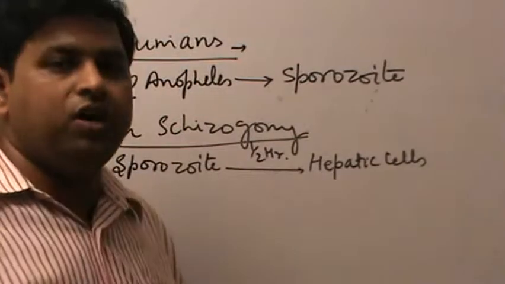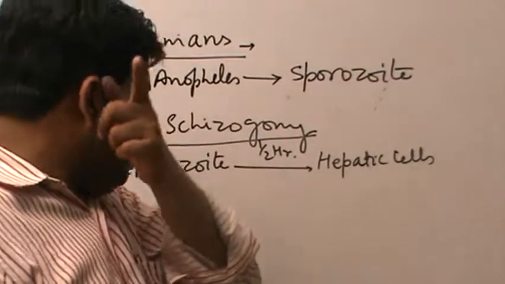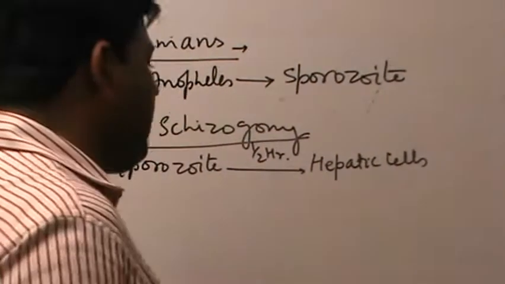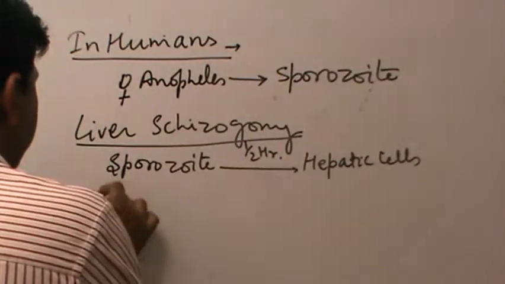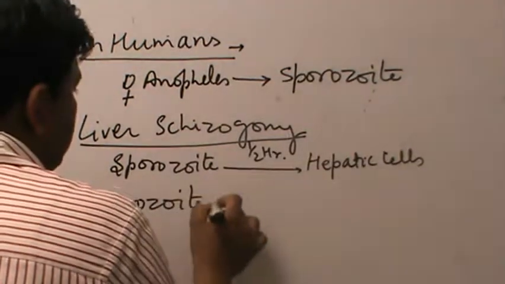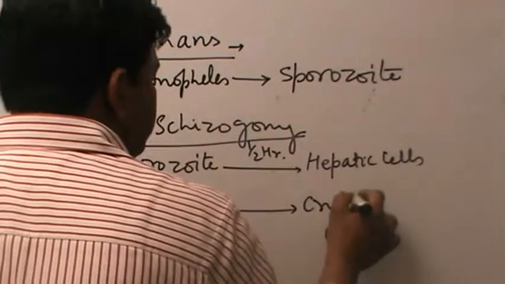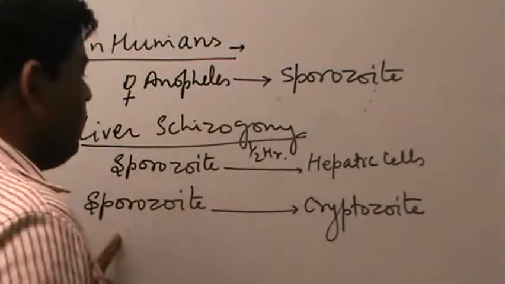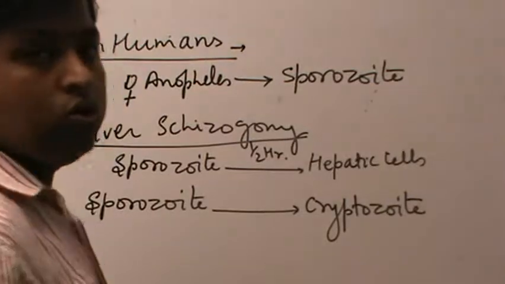After entry, it goes directly towards the liver and enters the liver cells, that is hepatic cells, where the sporozoite is converted into cryptozoite.